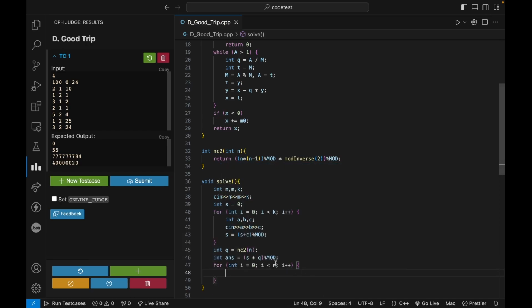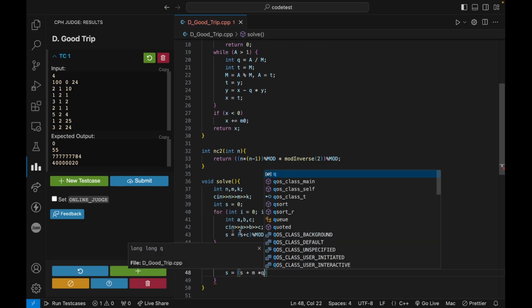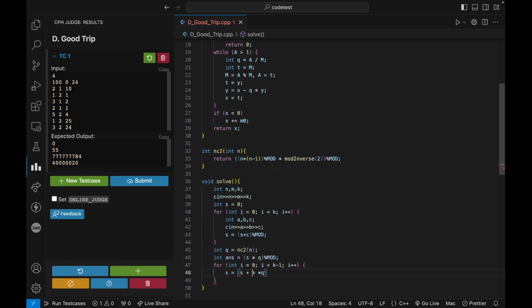So for i in range k minus 1, my current sum will increase by m upon this NC2. So let's take modulus again. Now I have increased my s, so I will update my answer: answer plus s times q, and let's take the modulus again.